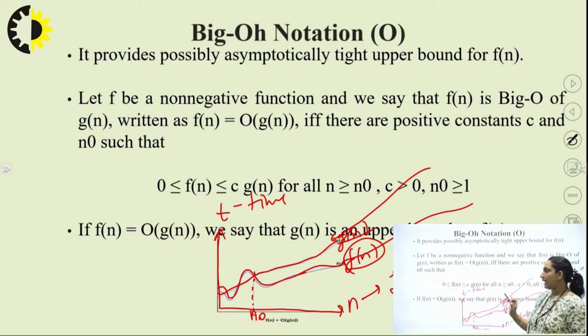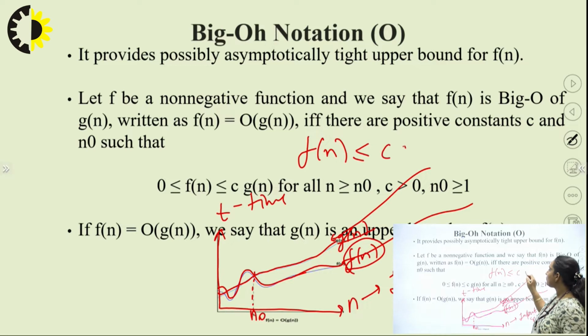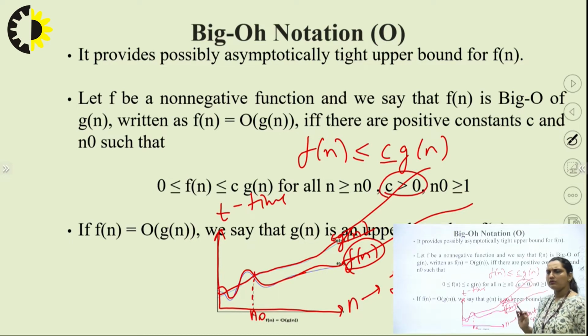So in big O, f of n is less than or equal to c of g of n, because it gives an upper bound. C is any constant greater than 0, and n naught is greater than or equal to 1.